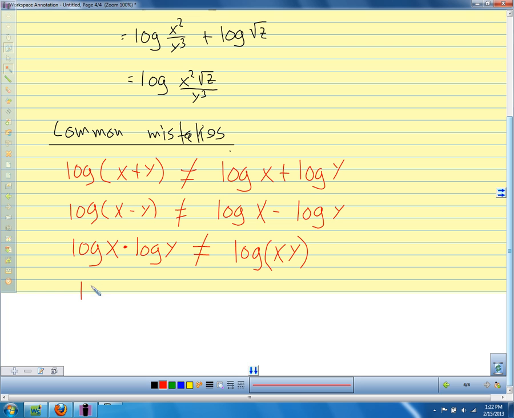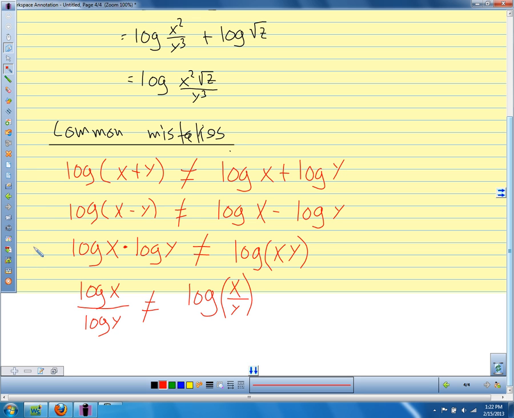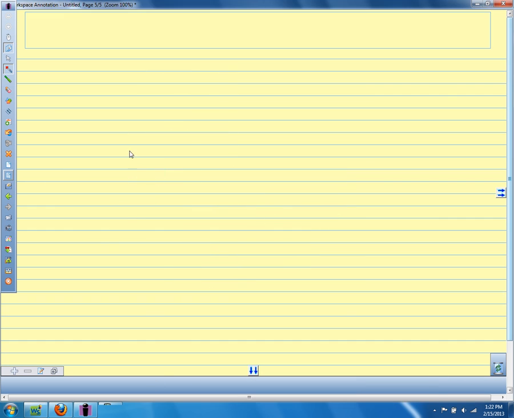And finally, log x divided by log y does not equal log of x divided by y. Division doesn't turn into division. All right, so don't make these common mistakes. Questions? Okay.